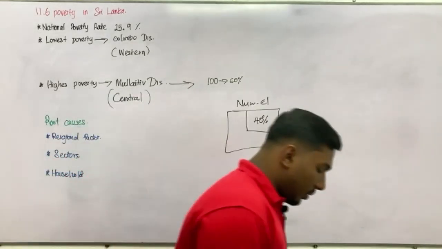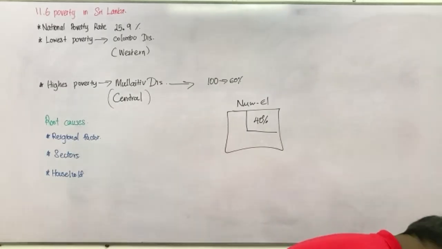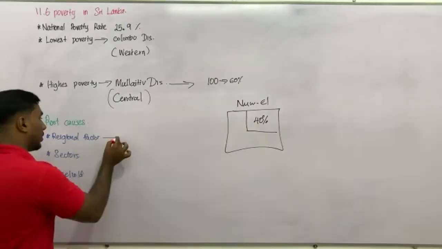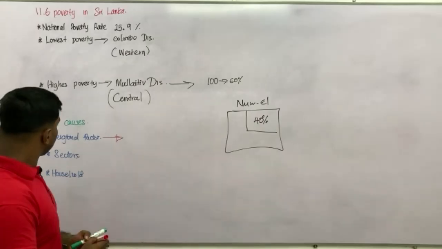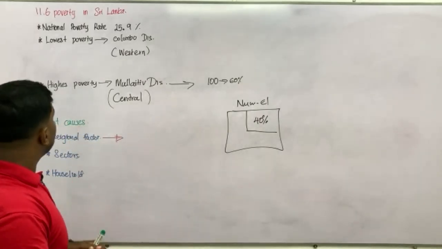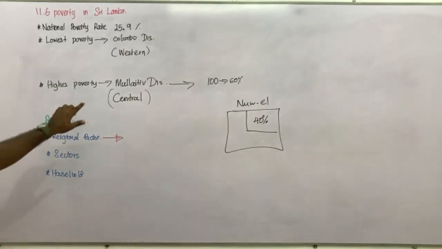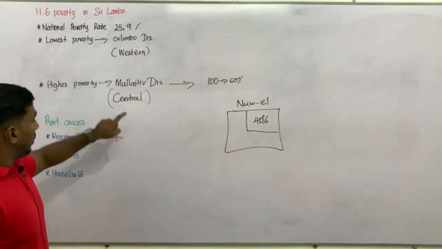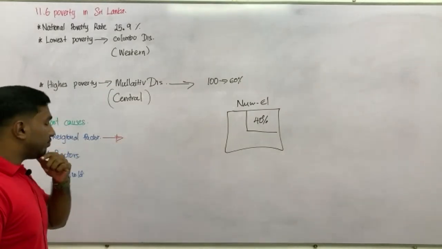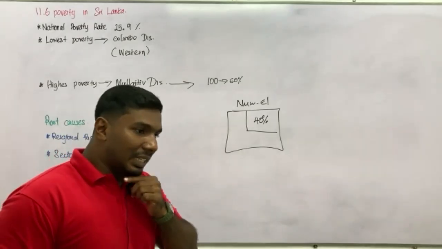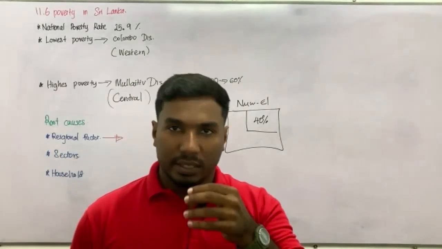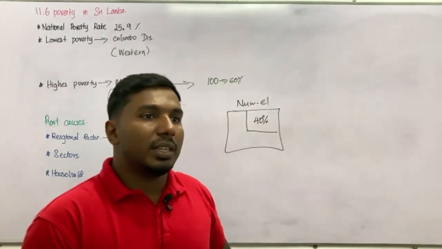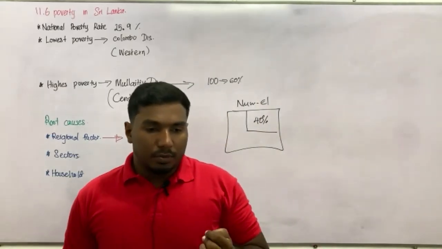Let's look at the regional factors first. You know, this is the area, right? Mullaitivu, which has the very highest poverty in Sri Lanka, because the main reason is the war.